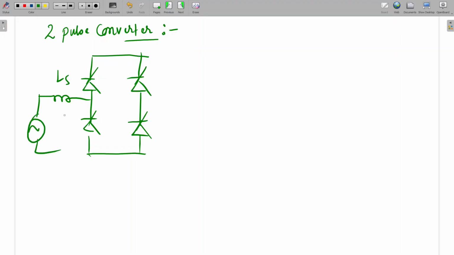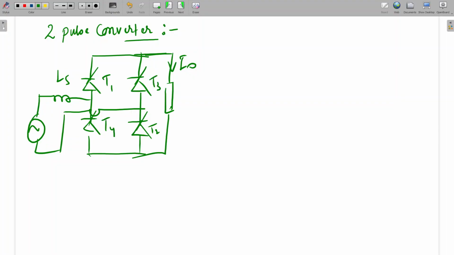This is the source voltage, and this is I naught, ripple free, with T1, T2, T3, and T4. So directly I am going to draw the current, and after that I will draw the voltage.